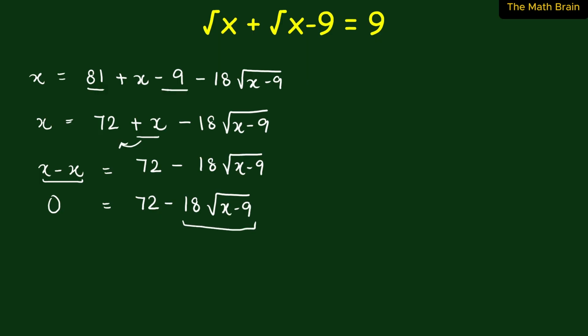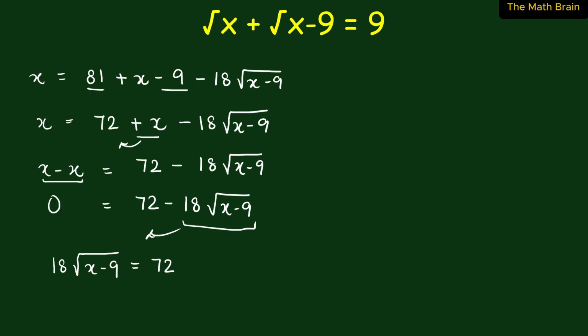Let's take this 18√(x − 9) to the left hand side and we are left with 18√(x − 9) is equal to 72.